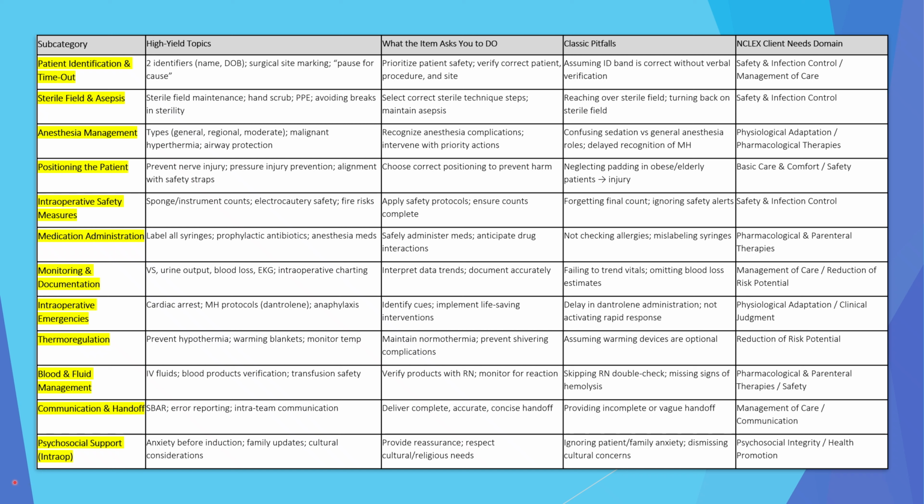Sterile field and asepsis, this will definitely be everywhere, and also on your clinical side always, because you're going to practice in Surg or other departments, and you need to know about this.